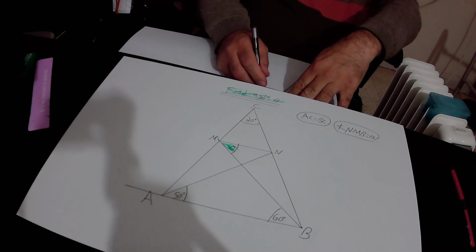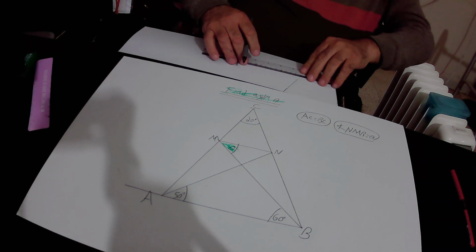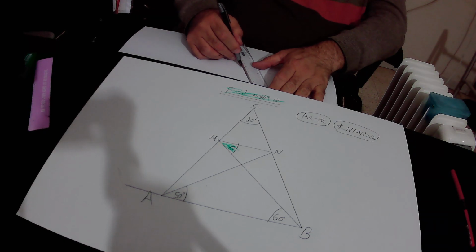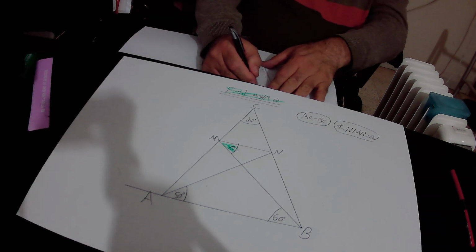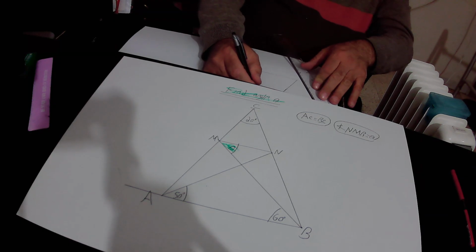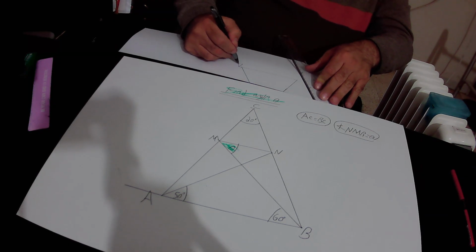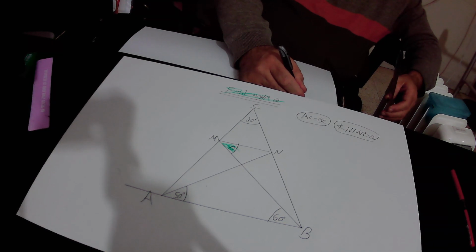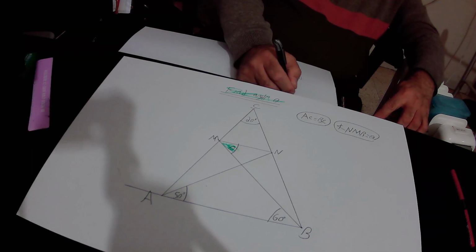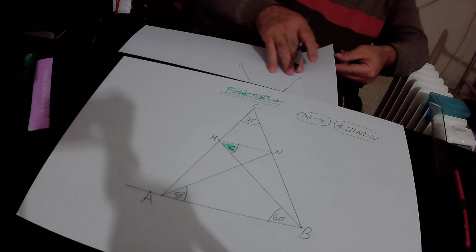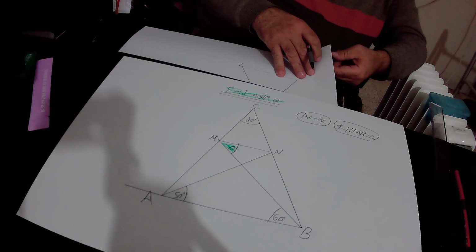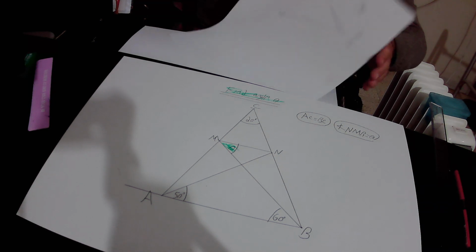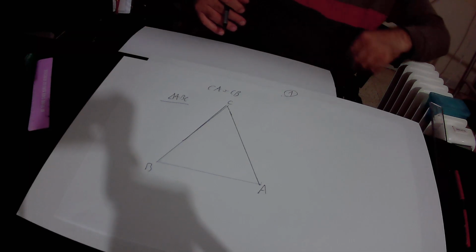So I draw triangle ABC again, a copy from the original drawing.